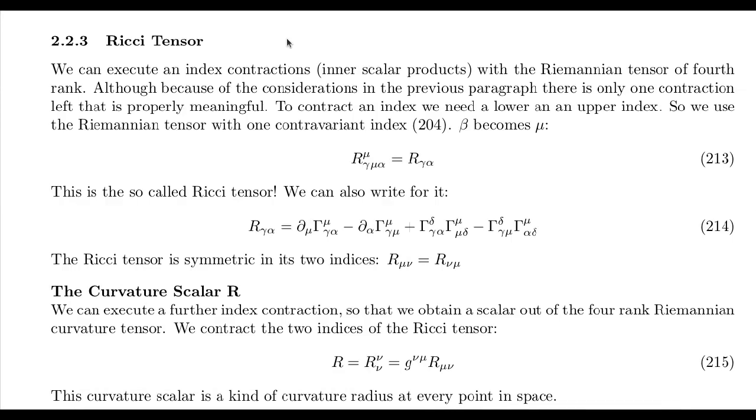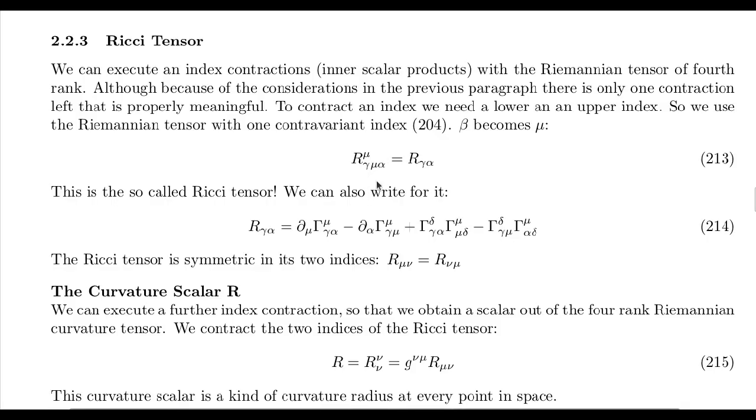Now, the next we have is the Ricci tensor. We can execute a scalar product with a Riemannian curvature tensor. The only possibility that makes sense here to carry out an inner scalar product is if we use one of the first two indices as a covariant index perhaps, and one of the last two indices as a covariant index.